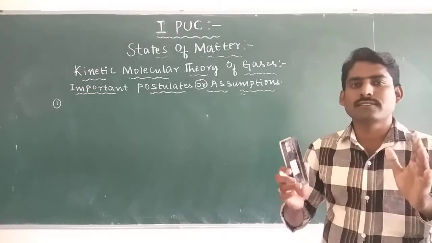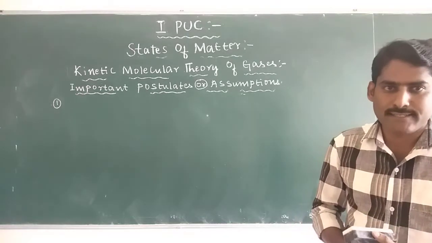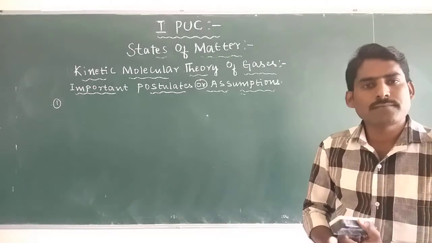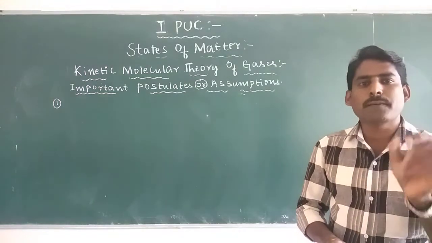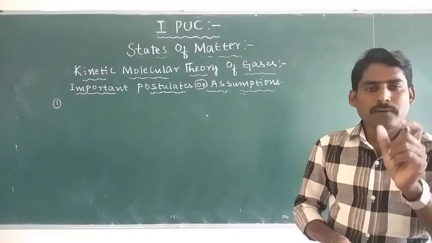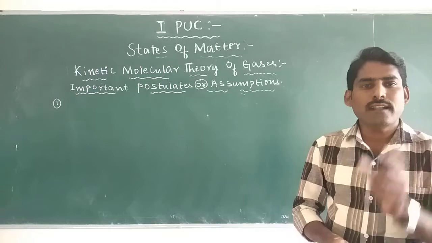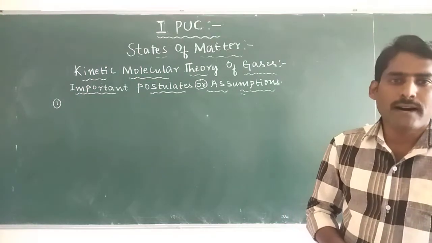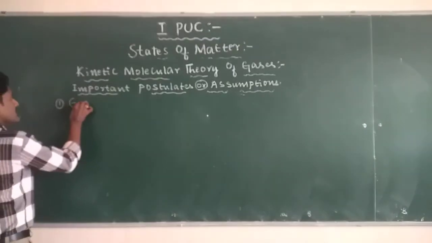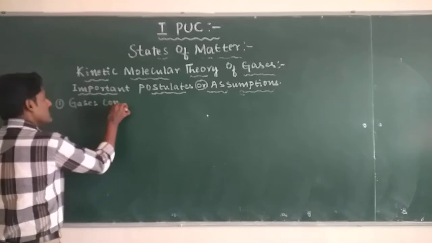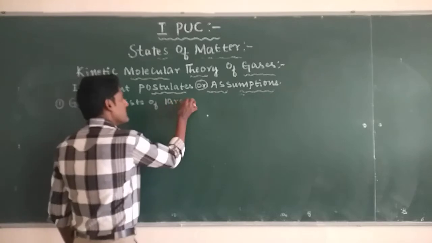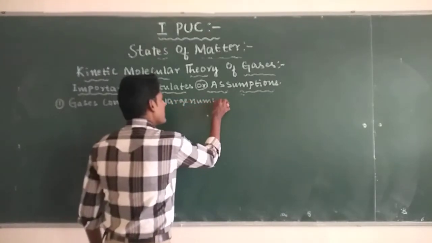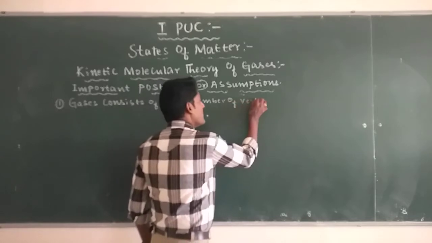The particles of a particular gas are identical with respect to mass and size. So the first postulate is that gases consist of a large number of very small particles.